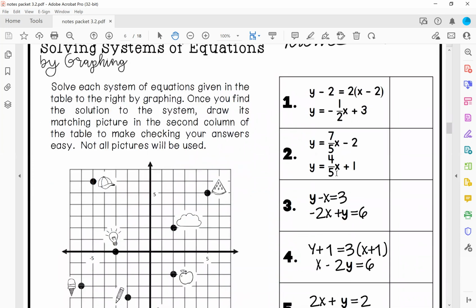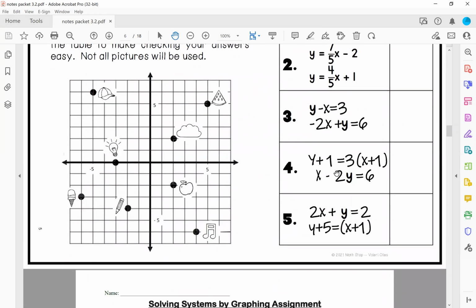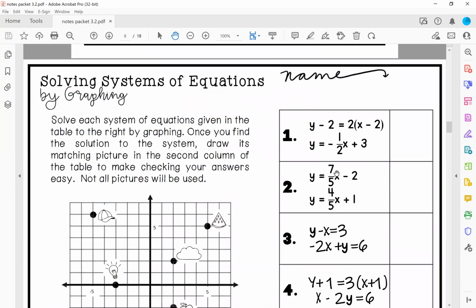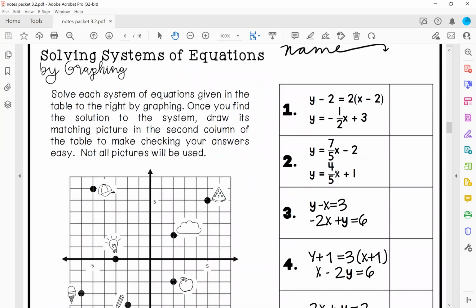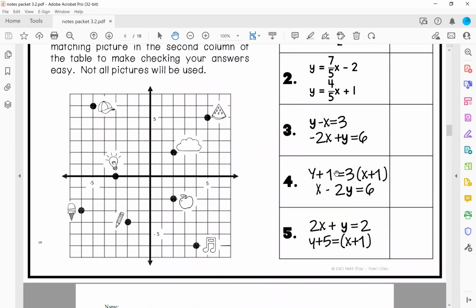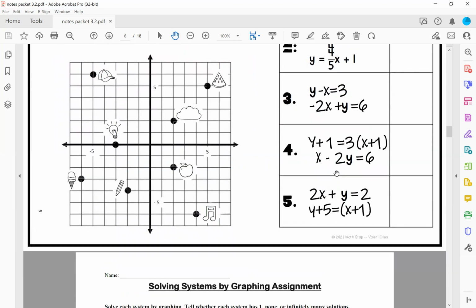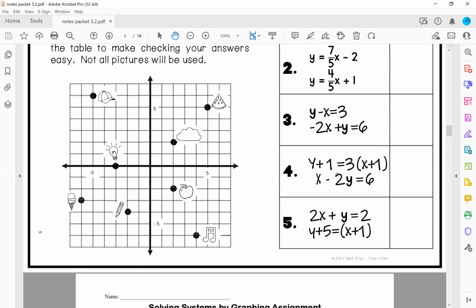Now, with that being said, there are one or two small changes that we do need to make on the assignment that we were working on yesterday. So please carefully make sure that you update your paper so that you can have everything work out correctly for you. The first one, the easiest fix, is on number 5.